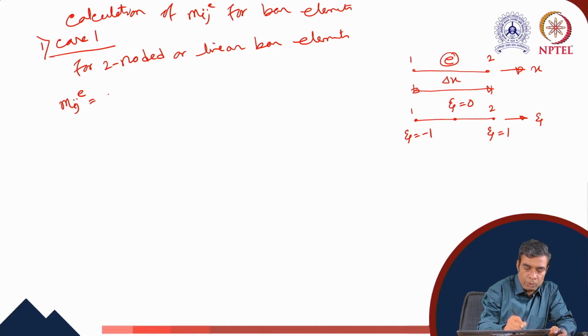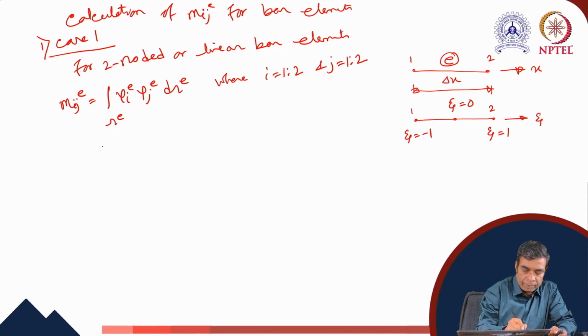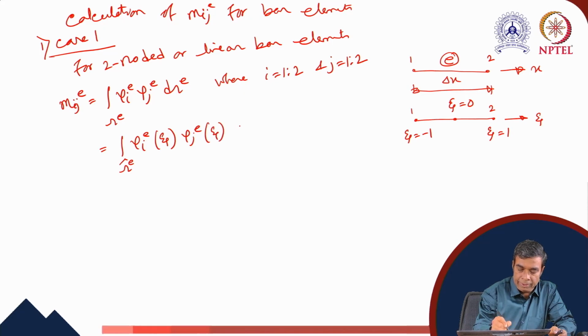MIJE equals integration over omega e psi ie psi je d omega e, where because of two nodes i will vary from 1 to 2 and j will also vary from 1 to 2. This can be represented as integration over omega e psi ie of xi psi je of xi d omega e. This is dx.